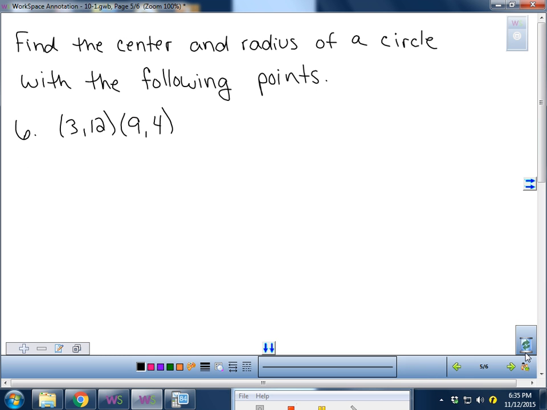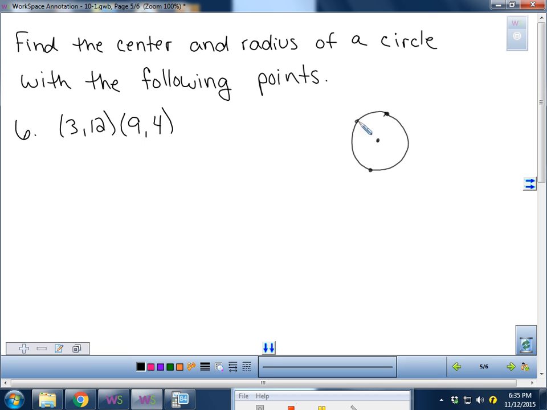For instances like this, we're supposed to find the center and the radius of a circle with the following points. So let's think about a circle for a second. So let's see. There's a circle. The center is equidistant no matter where you go to the side of the circle. Okay? So it really doesn't matter where these 2 points are. If I had one on this side and one on this side, halfway would be my center.